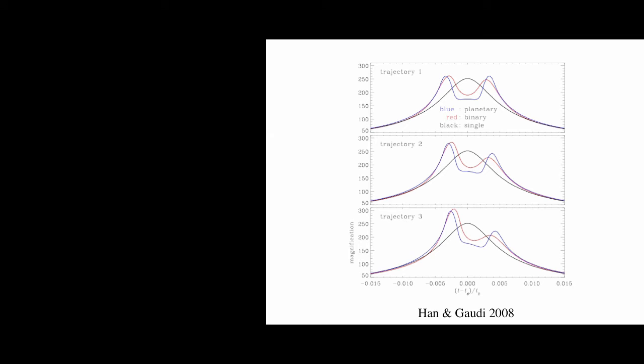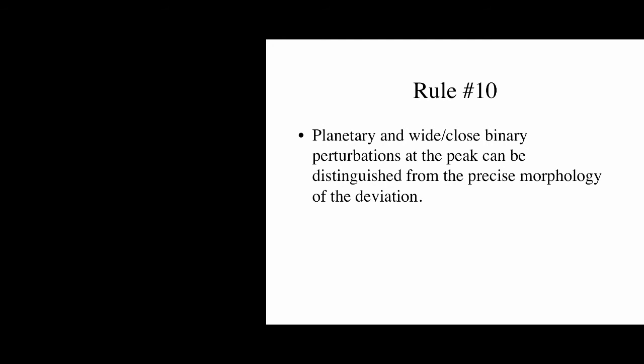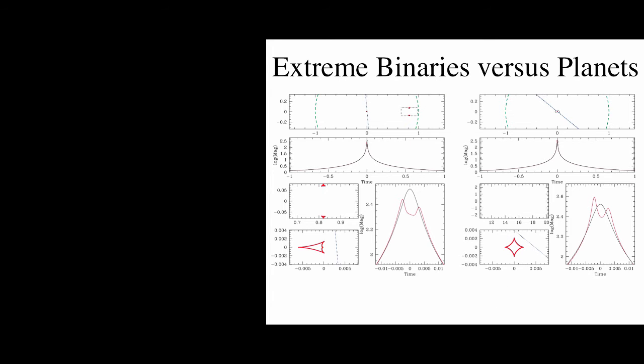The reason fundamentally why you're getting this is that in this case there is a cusp right here, which should give you a triple-horned or triple-peaked profile, but this cusp is extremely weak, and so unless you're passing very close, it's very hard to see it.